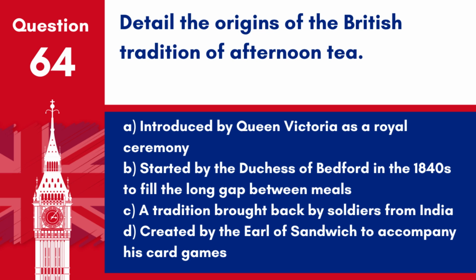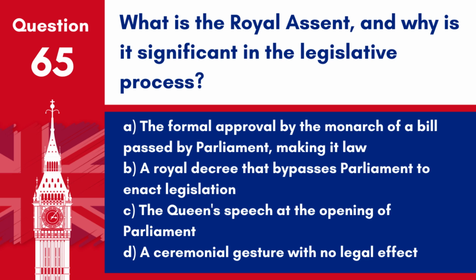Answer B. Started by the Duchess of Bedford in the 1840s to fill the long gap between meals. The tradition of afternoon tea became popular as a small meal to stem hunger before the evening meal. Question 65. What is the royal assent, and why is it significant in the legislative process?